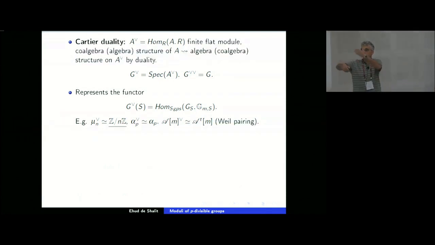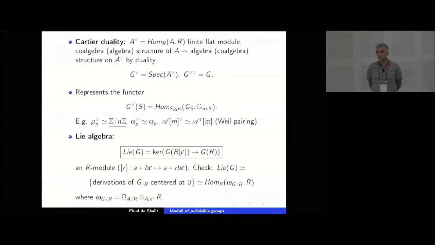And it's evident that the Cartier dual of the Cartier dual is the group itself. μ_n is dual to Z/nZ, α_p is self-dual, and in the case of the abelian variety, the dual of the kernel of m on A is the kernel of m on the dual abelian variety, and this is basically the Weil pairing.